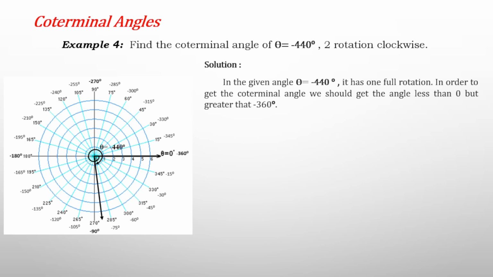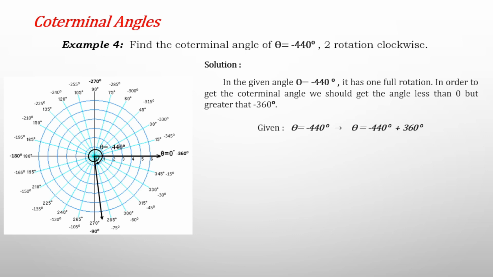In order to get the coterminal angle, we should get the angle less than 0 degrees but greater than negative 360 degrees. So theta is negative 440 degrees, so that we could get the angle less than 0 but greater than negative 360 degrees.